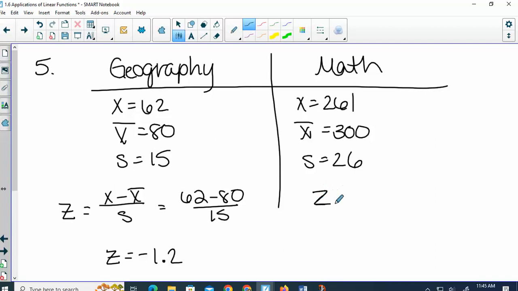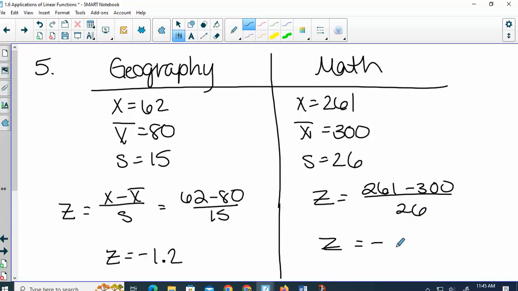Right, so for this one, your score minus the mean divided by standard deviation, and that one gave us negative 1.5. Alright, are we okay here?